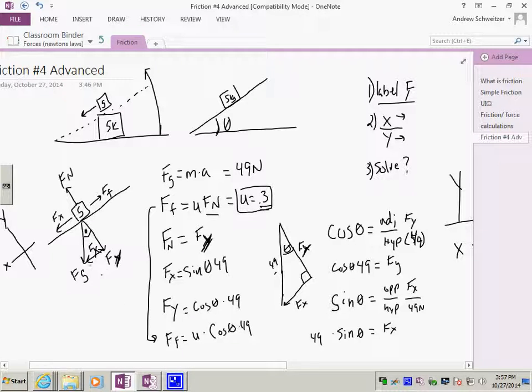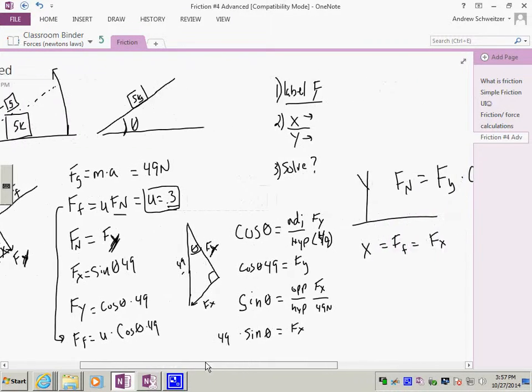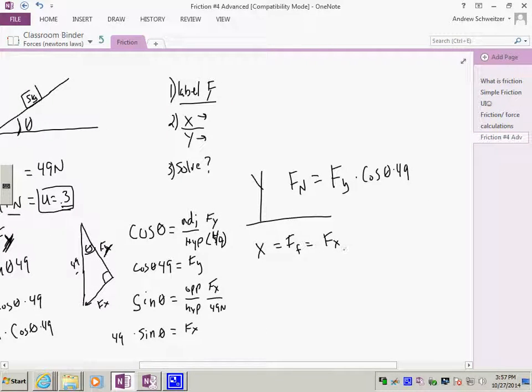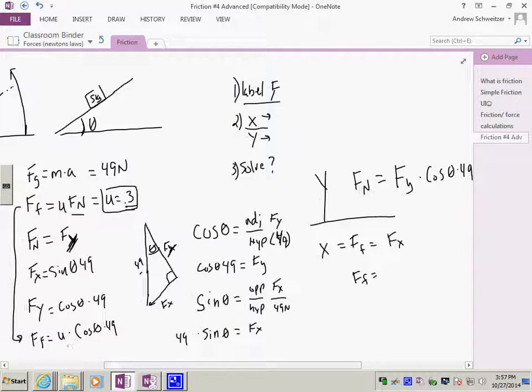So let's resubstitute what f of x is, because we don't know exactly what it is. The force of friction equals f of x. F of x is equal to the sine of the angle times 49. Oops, that's 49 newtons.